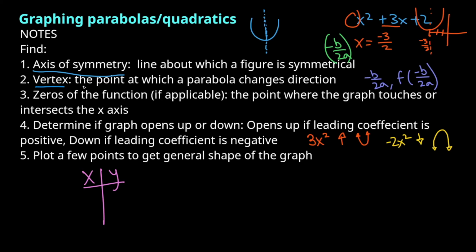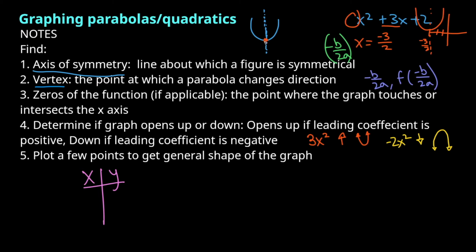The vertex is the point at which a parabola changes direction. When this parabola changes direction, that's the vertex. It also happens to be on the axis of symmetry. So the x portion for the vertex is this axis of symmetry.